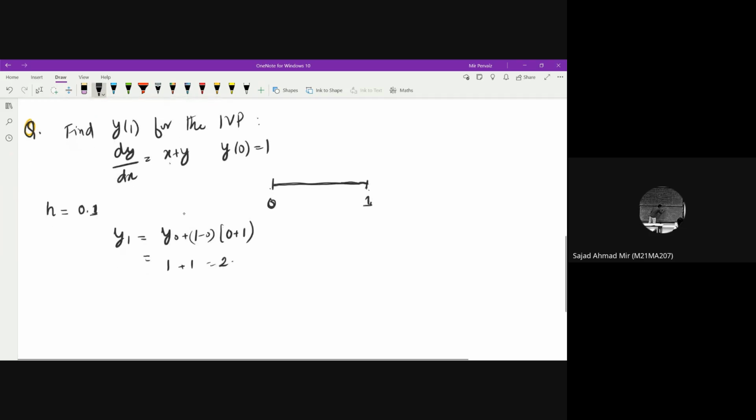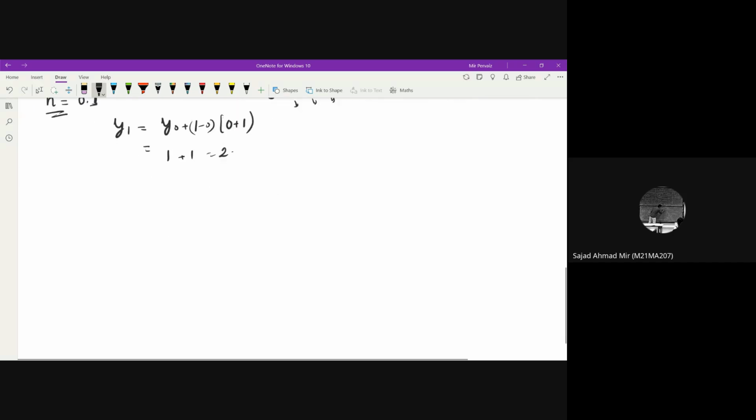But when I specify my h, now you have to take these many steps. Now this will be h, this will be 0.1, this will be 0.2, 0.3, and so on till you reach the point 1. Now you have to find value at these points, and you have to reach the value at this point. So with h equal to 0.1, we will be solving it.